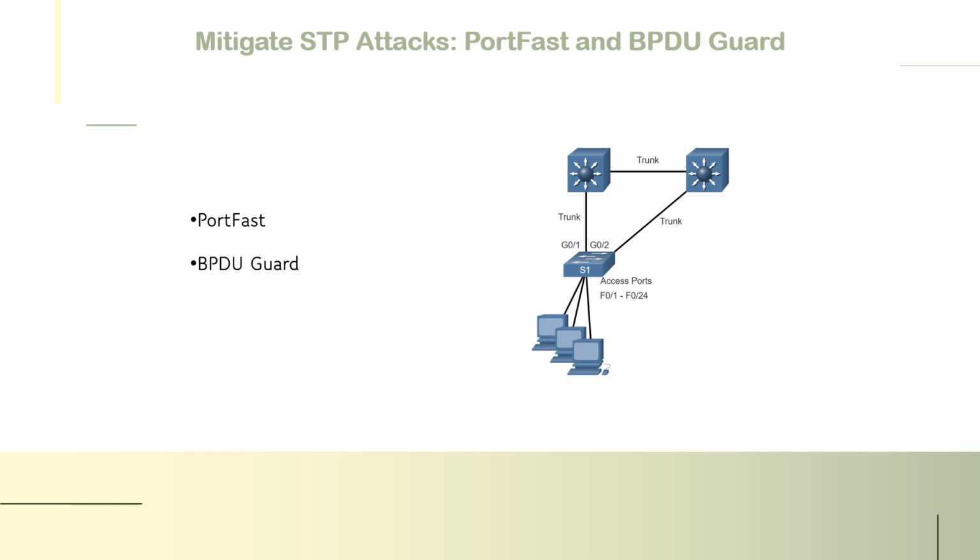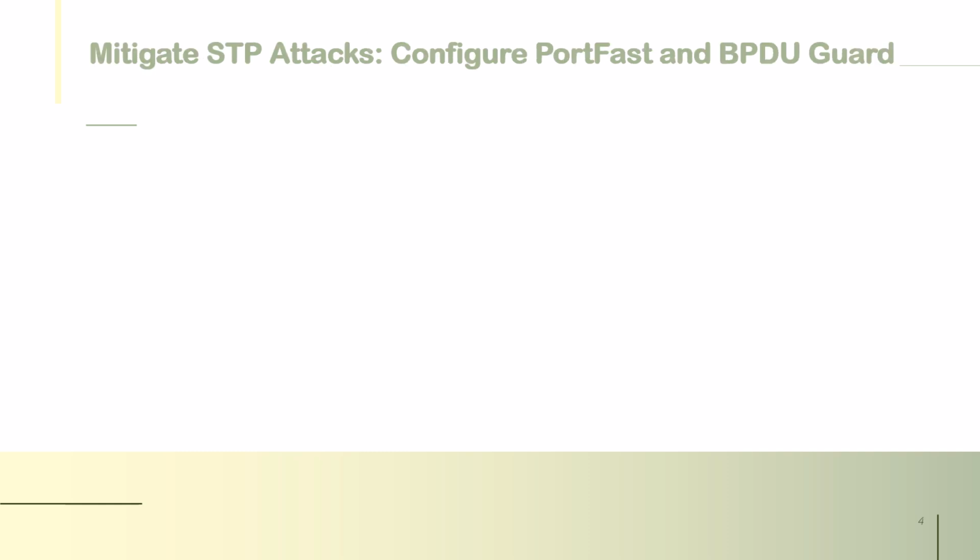PortFast can be enabled on an interface by using the configuration command spanning-tree portfast. There is an alternative where we can configure PortFast globally on all access ports just by using spanning-tree portfast default in the global configuration.